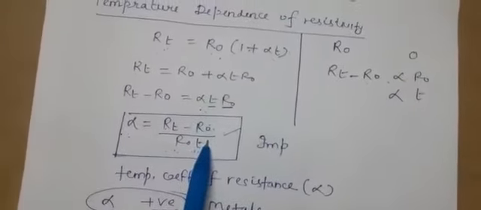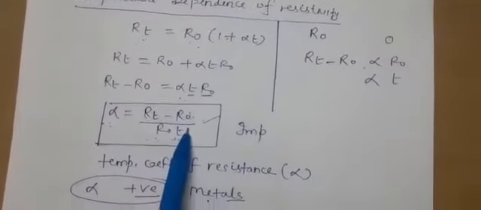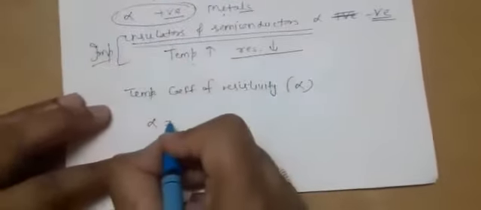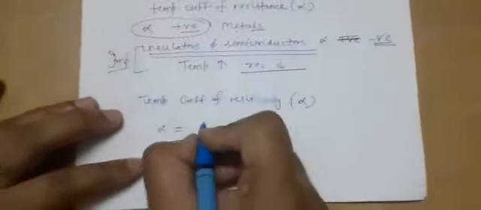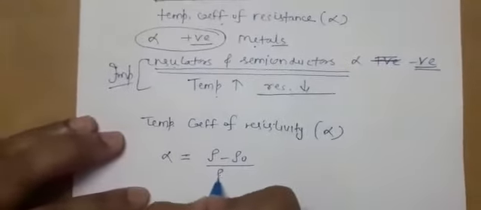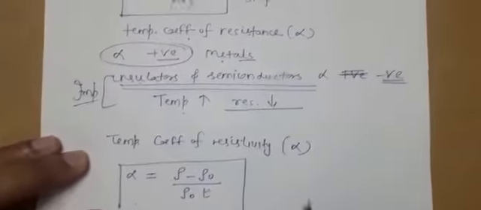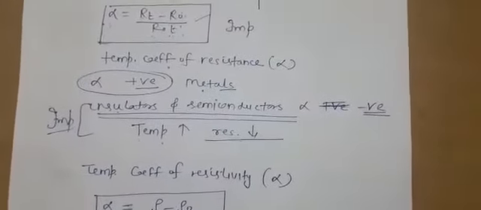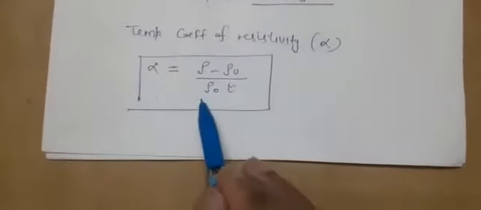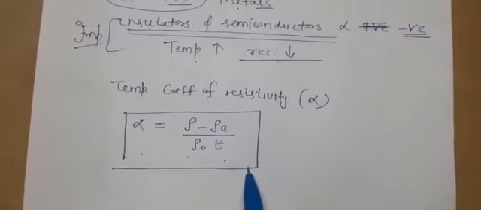Because if a particular wire has been heated, or there is a rise of temperature, the other parameters will not change. Correspondingly, length and area will not change, so it will be rho minus rho naught upon rho naught into T. So the temperature coefficient of resistivity can also be defined as the increase of resistivity per unit original resistivity per degree Celsius rise of temperature.